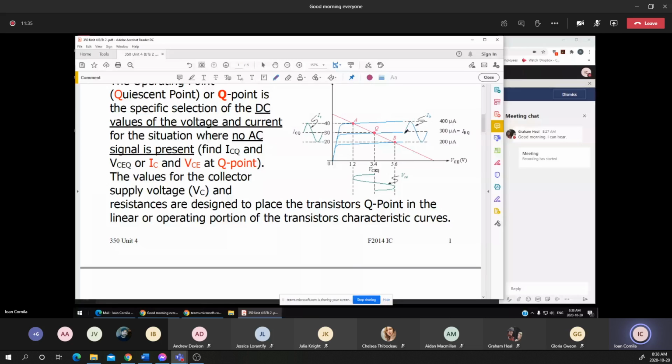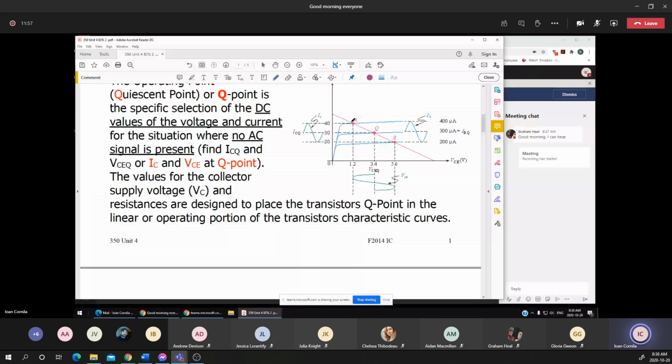For example, the base current is between 400 microamps and 200 microamps. As we are applying, or superimposing, an AC voltage on a DC voltage, remember superposition from ELE350?